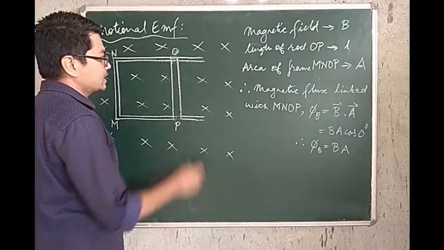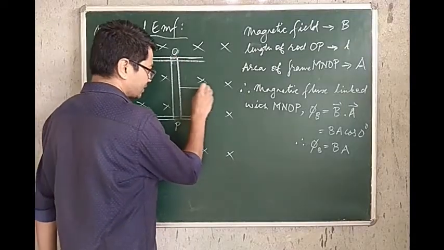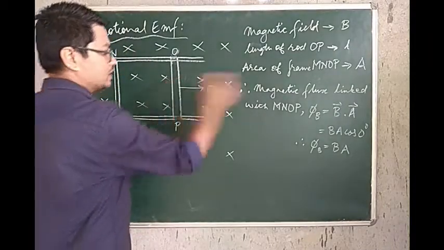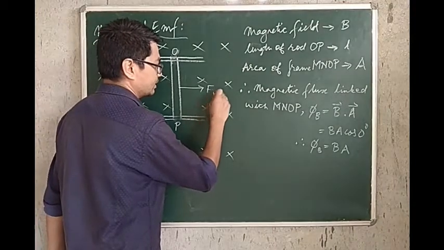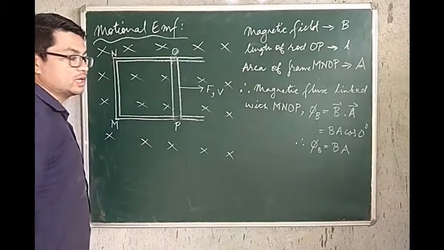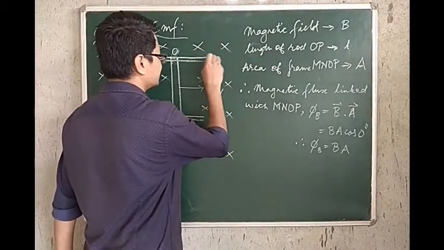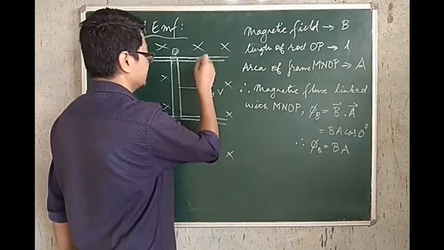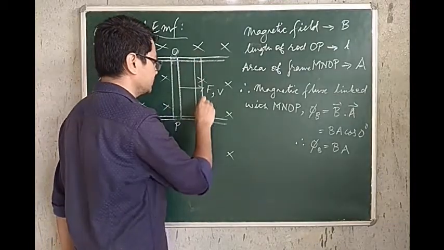Now, since this strip is movable, we apply a force F and we move this strip towards our right hand side with a velocity V. Let us suppose that the strip OP reaches a new position over here.